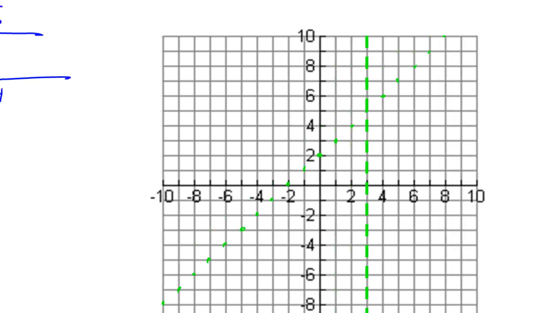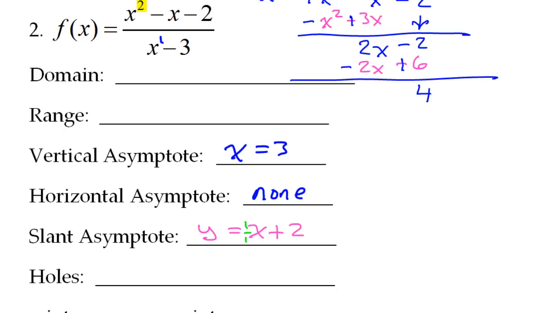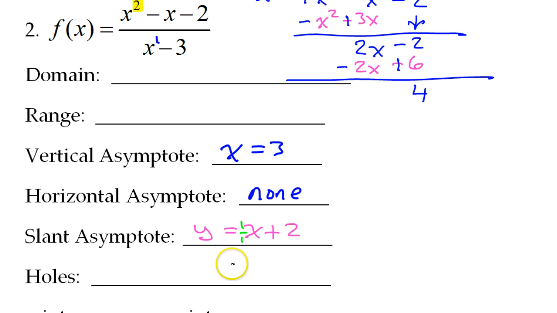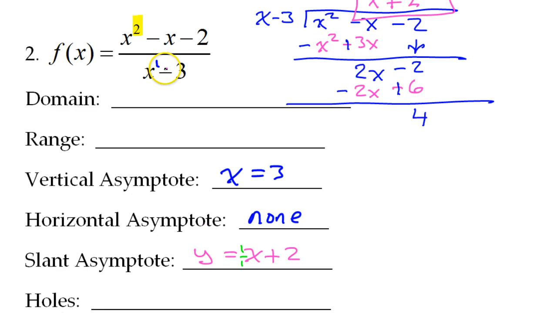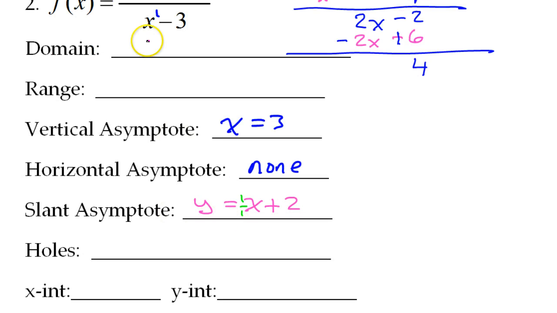Now will there be any holes? Well, holes happen when factors cancel out. Is this factorable? Even if it is factorable, there's not going to be a factor of x minus 3. So there's no way x minus 3 is going to cancel out. So there won't be any holes. So we can just go ahead and put none.